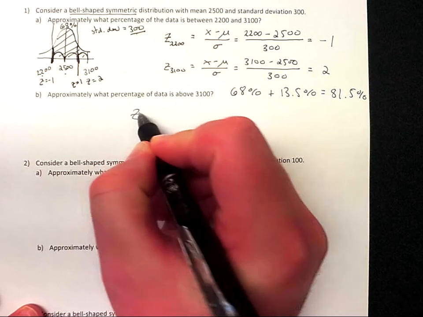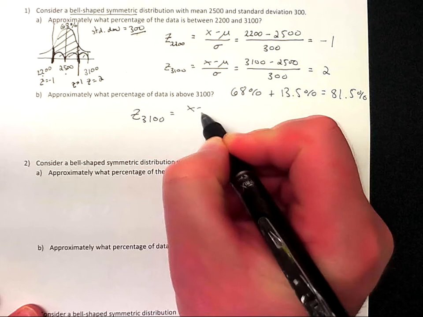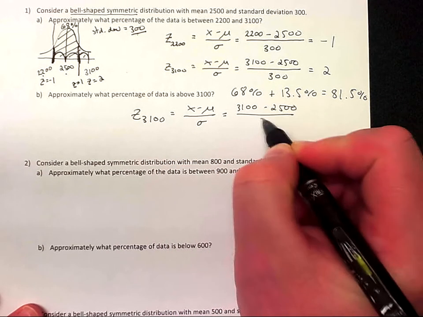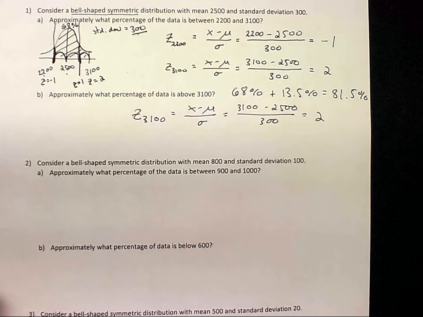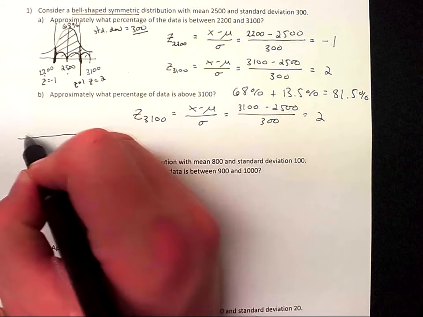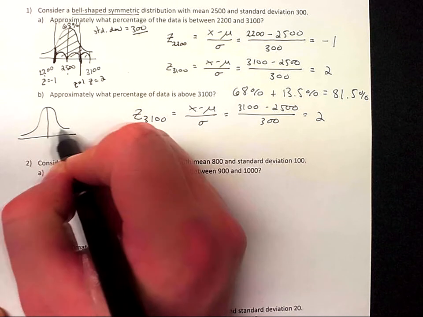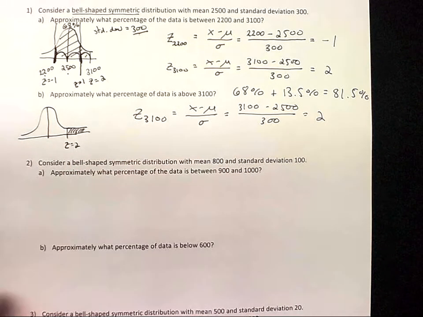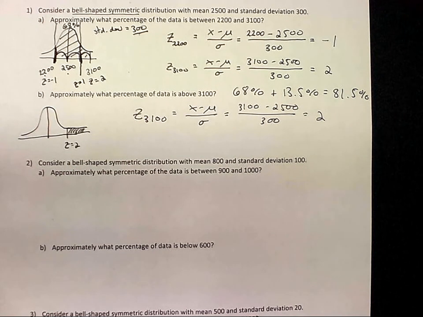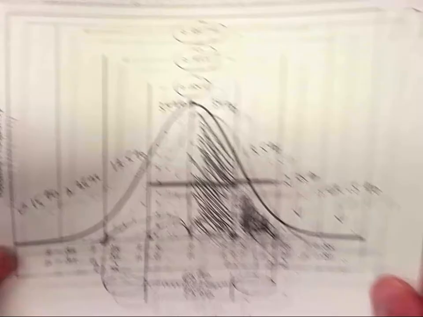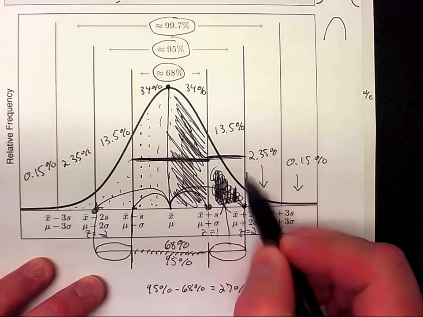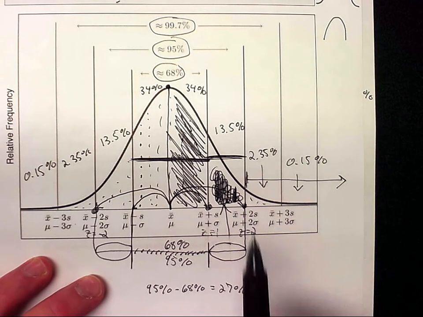So what I'm going to do is the same thing I did in the previous example. I'm still going to find the z-value for 3100, but I think you guys will realize that if I apply the same numbers, 3100 minus 2500, which is the mean, I'm still going to get a z-value of 2. But now I want what's above a z-value of 2. If I go to my distribution that we had previously, what I'm looking for above a z-value of 2 is from here on up.